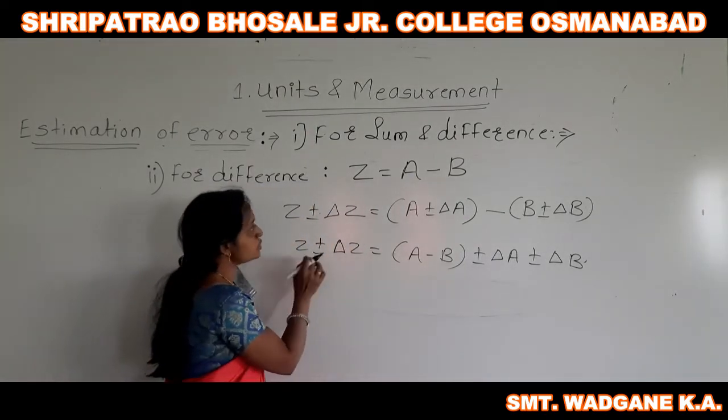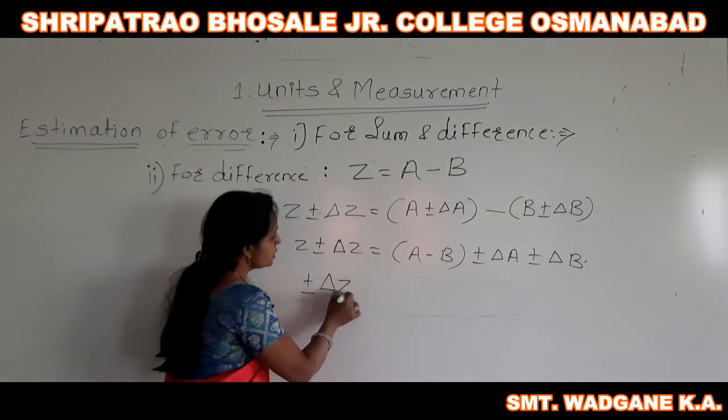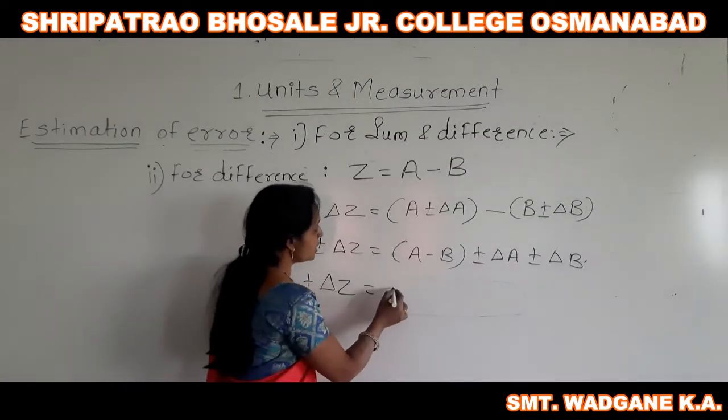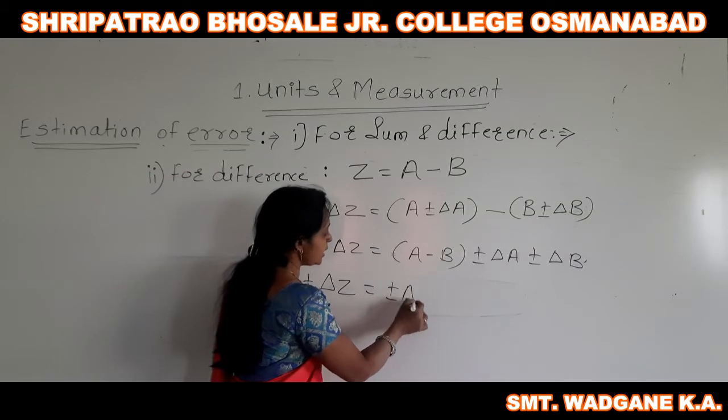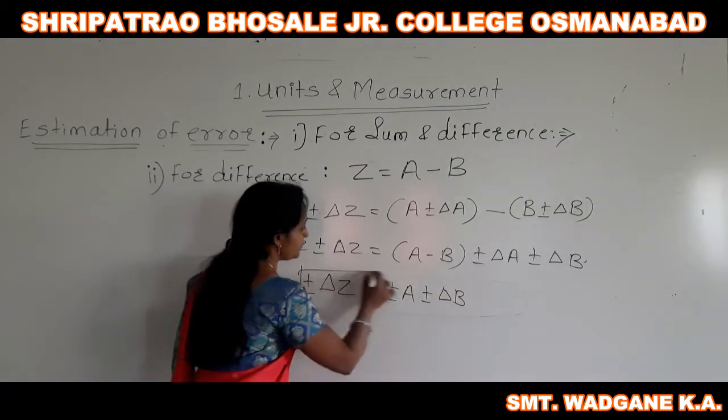Therefore we can write Z is equal to A minus B, then plus or minus delta Z is equal to plus or minus delta A plus or minus delta B.